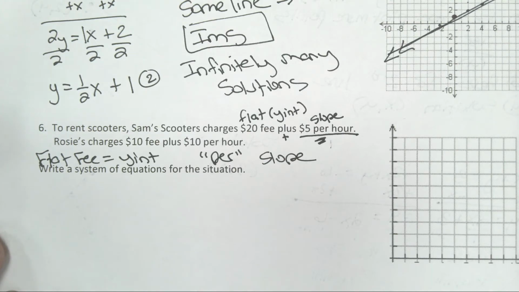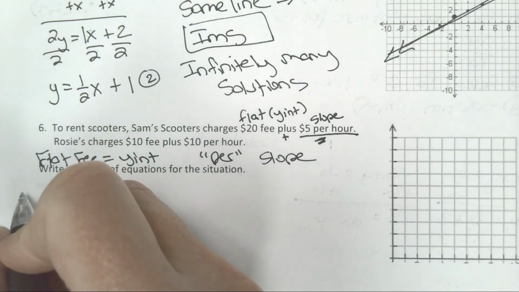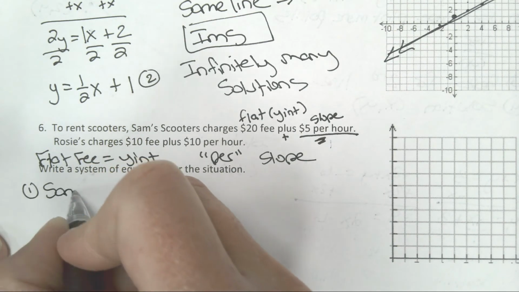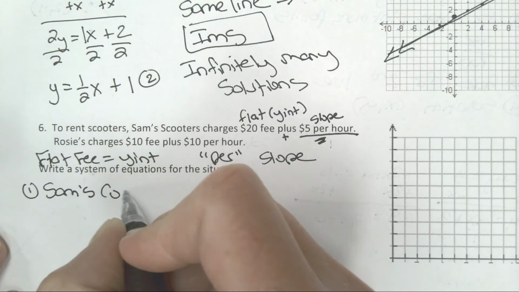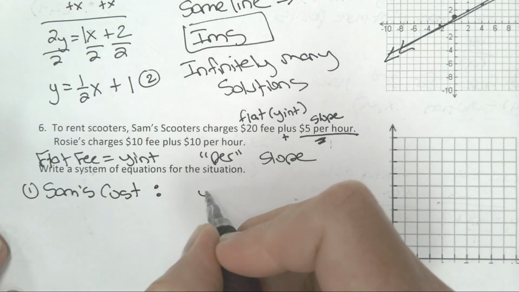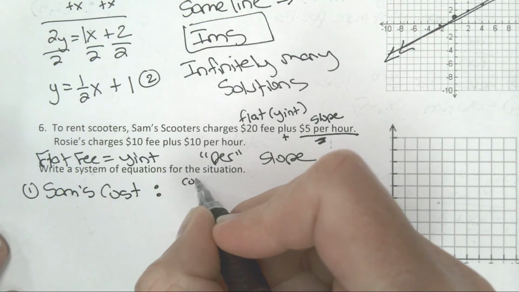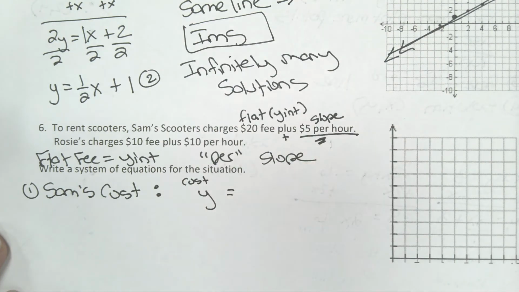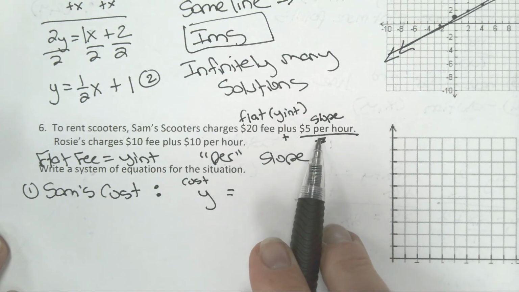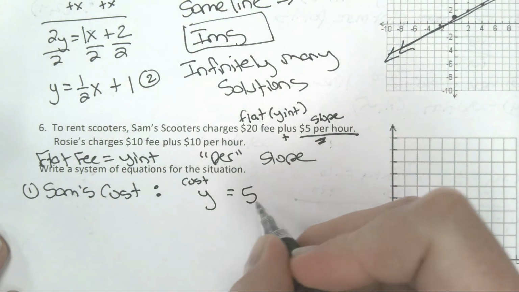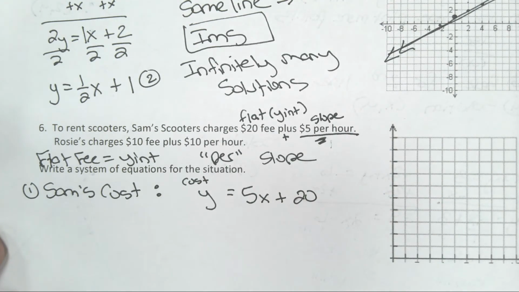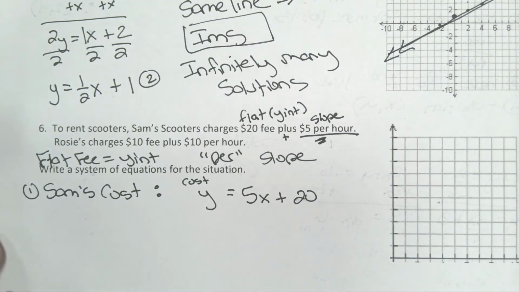Write a system of equations. So system number 1 is Sam's cost. So y is going to be the total cost. So my total cost is $5 per hour plus a $20 fee. So my first line is y equals 5x plus 20.